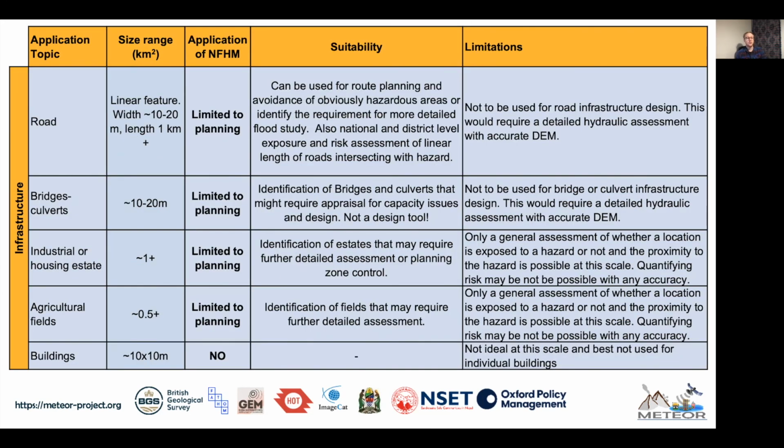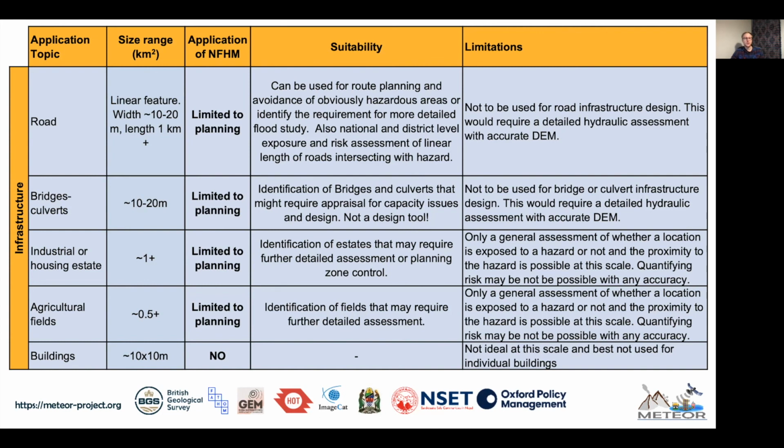If we move on to infrastructure, a similar logic applies. The data can be used to assist in planning decisions, and it can be used to determine individual locations and individual pieces of infrastructure that might require a more detailed engineering investigation. However, the data cannot be used to make design decisions, and it cannot be used to define the specifications of individual pieces of infrastructure.